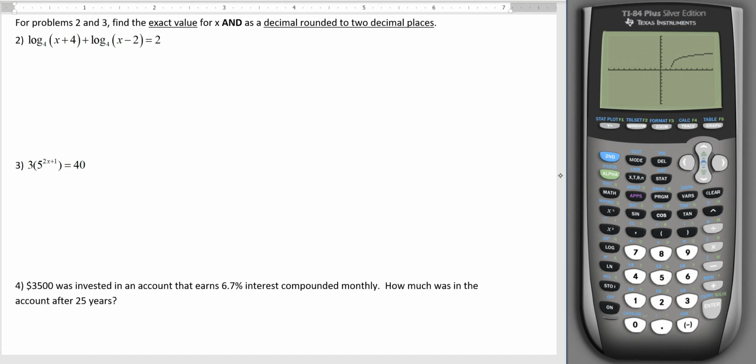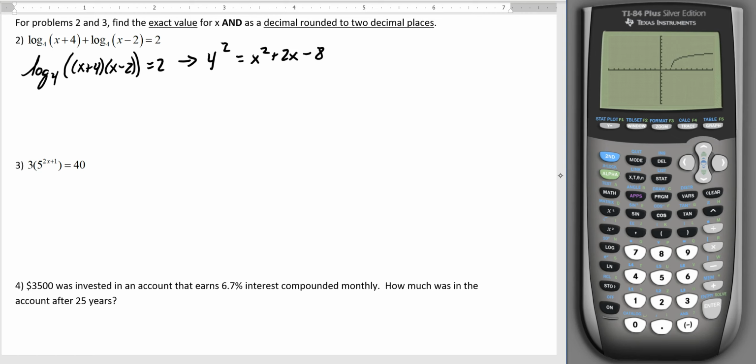Looking at this, I'm adding logarithms. I need to remember my properties. So this will become x plus 4 times x minus 2, in the argument of one logarithm, equals 2. And then from there I can rewrite this. So this is 4 to the second equals, let's multiply this out, x squared plus 2x minus 8.